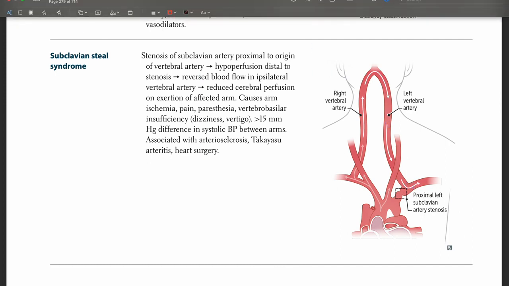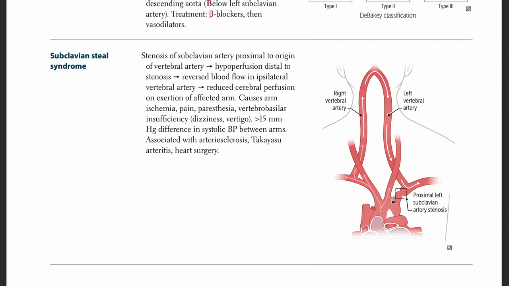So normally what's going to happen in artery, it goes into, right? It always goes into and away from the heart, right? Like that. But because of the stenosis, that's not happening. It's not going into the vertebral artery here to supply it. Instead, you're getting blood coming back into this from the other side of the stenosis and going into the system, right? So that's what the subclavian steal syndrome is about.